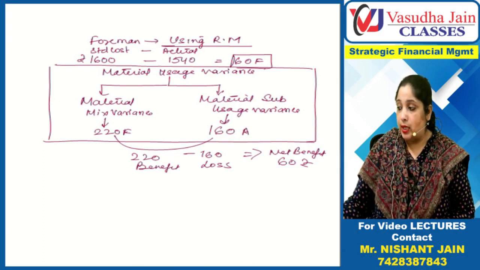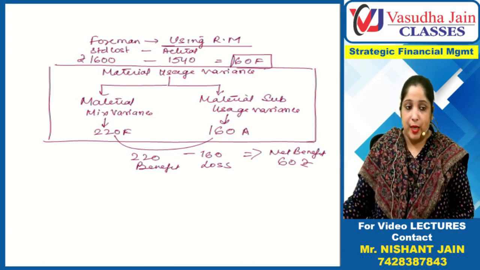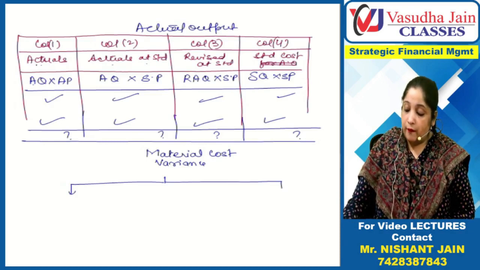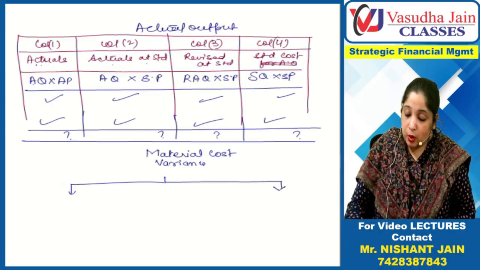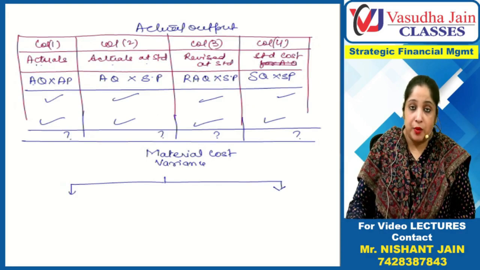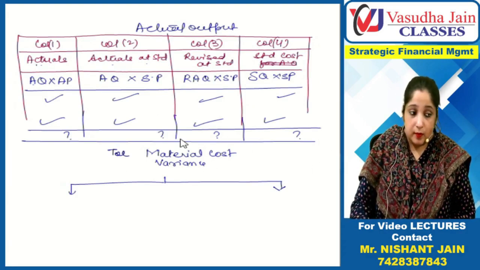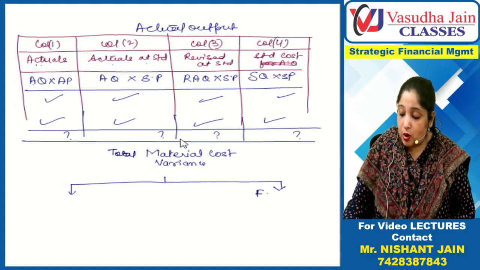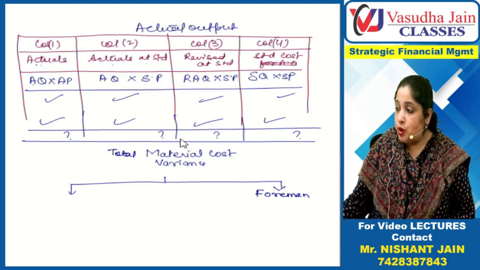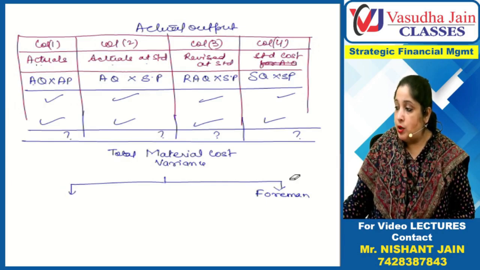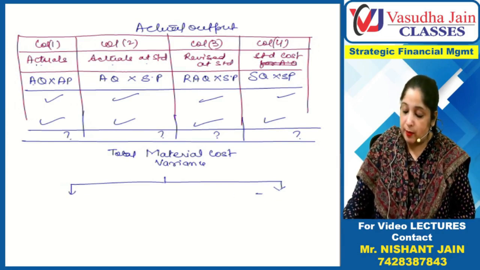These two mistakes are given one name, which is what? Material usage variance. So going to the next page again, we will name the total material cost variance. It has arisen because of mistake of whom? Foreman. So instead of foreman you write the name of his mistake.